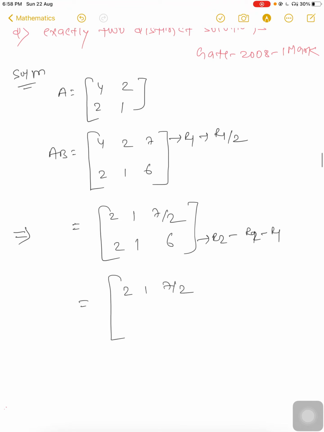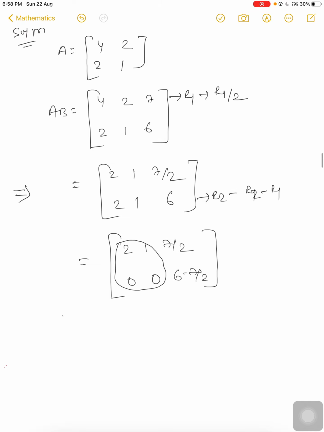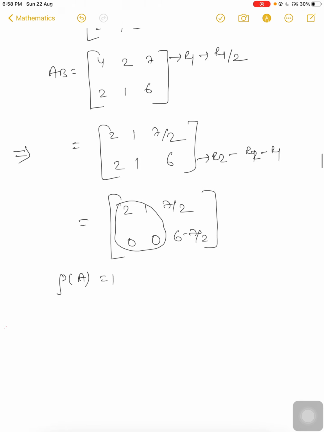Then you will get 2 1 7 by 2, 0 0 6 minus 7 by 2. Then what will happen? This matrix, this part, in case of 2 by 2, determinant will be 0. So rank of A will be 1.